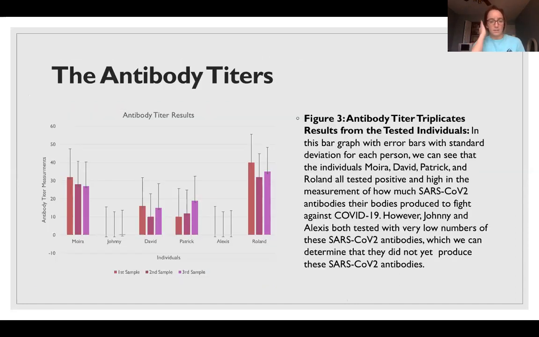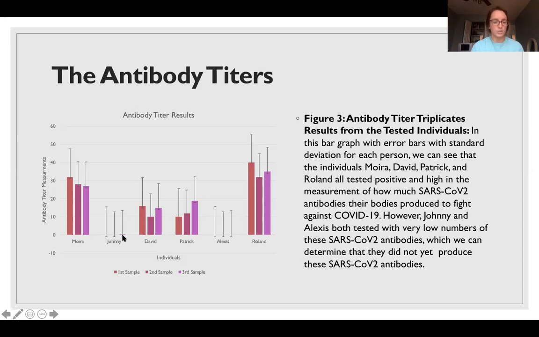So lastly, the antibody titers, which I showed before with the graph. The 3 separate samples they did, and the standard deviation error bars, are to see how many actual antibodies, the measurements that they have, which is pretty cool. We can see that 2 people had a lot more than the next, 2 people had not as much as them, and 2 people barely showed any at all.